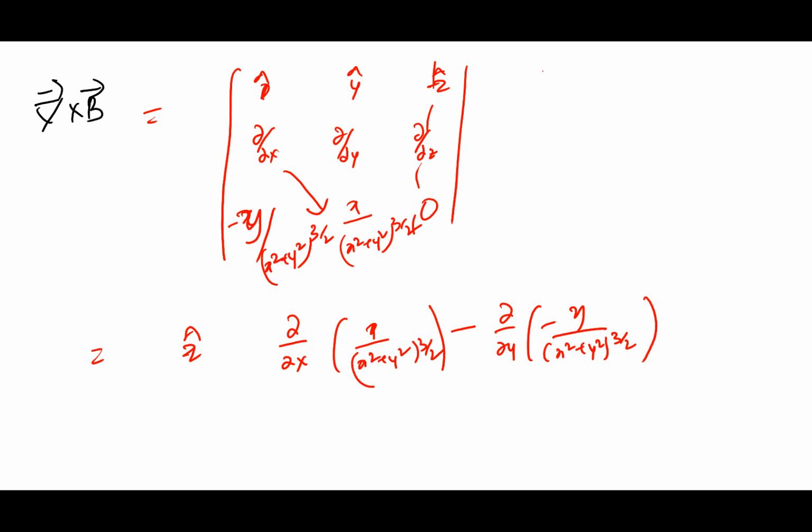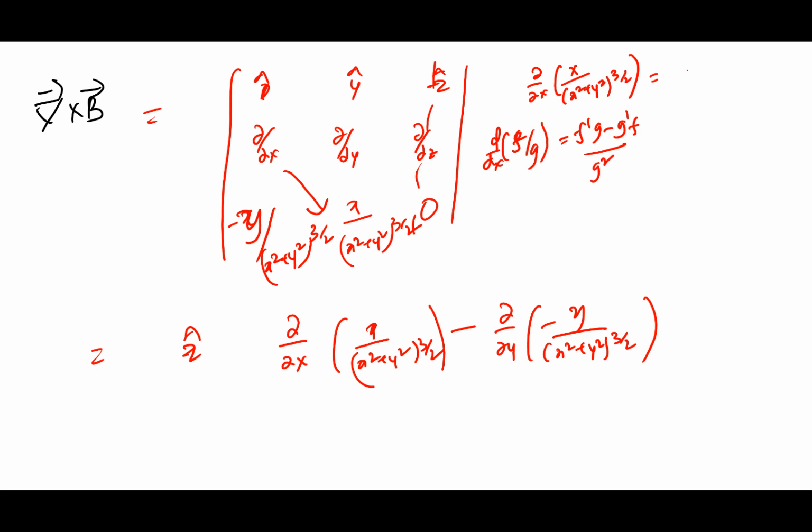So if I want to do dou by dou x of x by x squared plus y squared to the power 3 by 2, I'm going to use the quotient rule again, right? So if I have d by dx of f over g, both functions of x, then it is f prime g minus g prime f, over g squared, right? So I'm going to do that here.